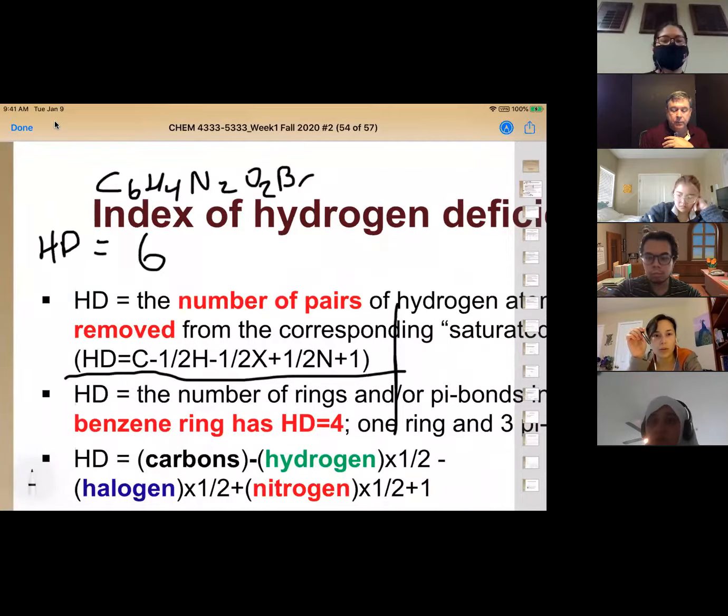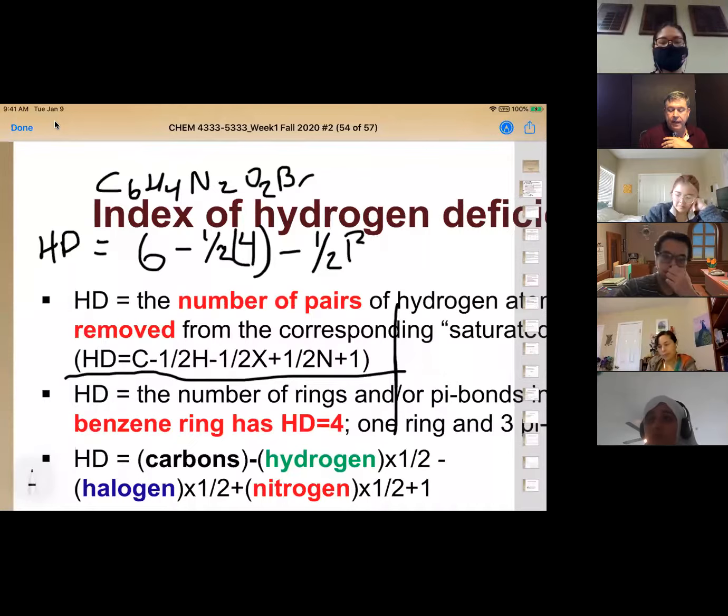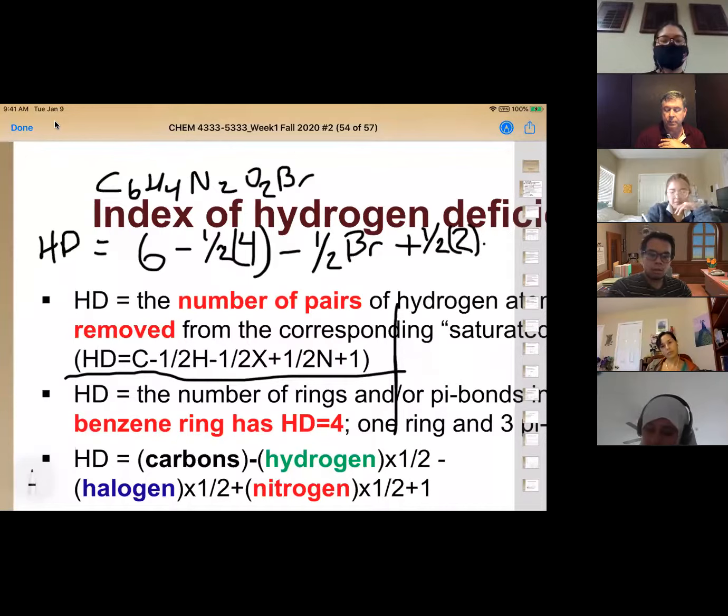and we're going to minus 1/2 of the 4 hydrogens we have, minus 1/2 of the halogens we have, plus 1/2 of the nitrogens we have, which is 2, plus 1. Okay, so I don't think this is going to work out.